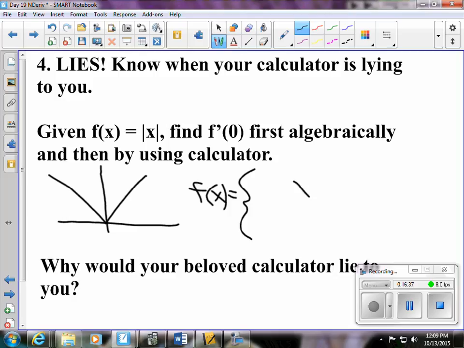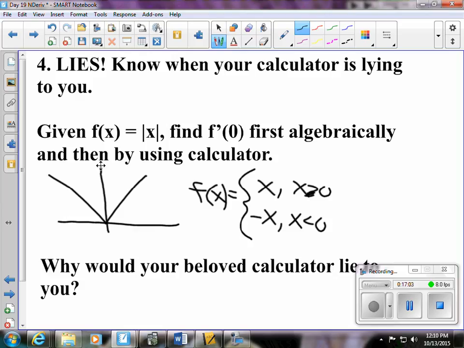When x is greater than or equal to 0, what is this part of the graph? Y equals, well, its slope is 1, but what is this equation over here? That's just y equals x, right? But over here, this is y equals -x.